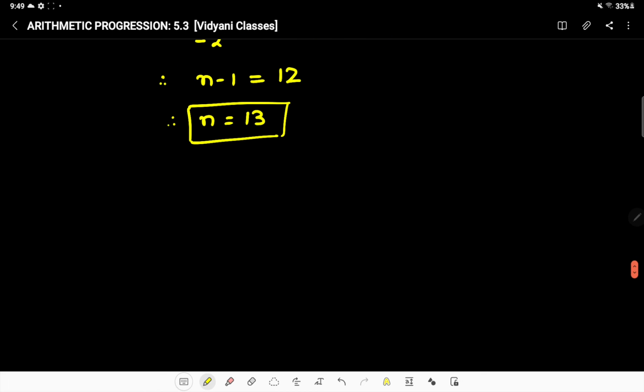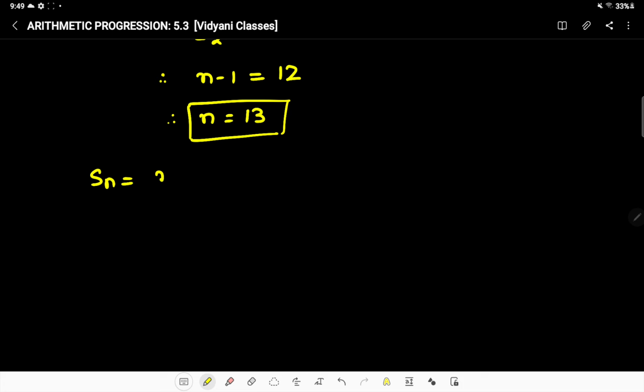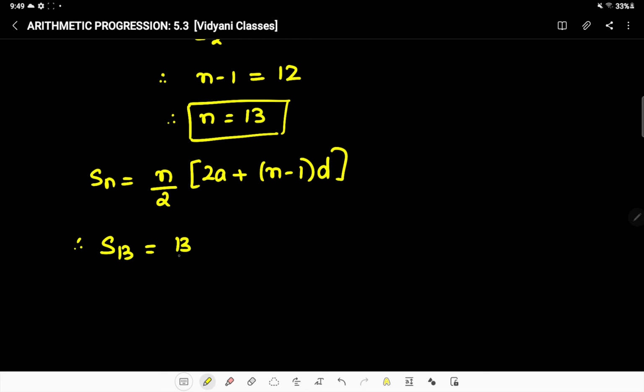Now we can straight away find Sn. Sn is n by 2 into 2a plus n minus 1 d. So S13 is 13 by 2, a is given as 34, and 13 minus 1 d.